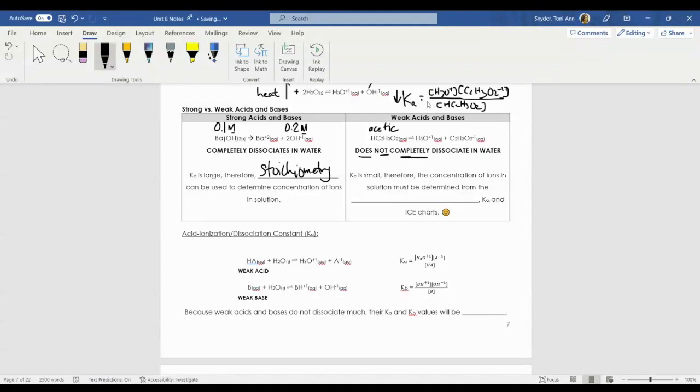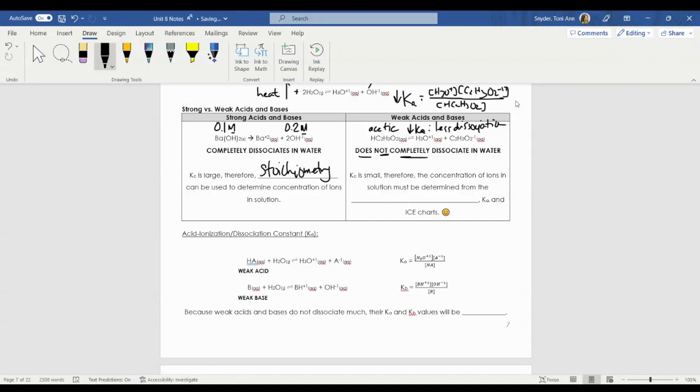And the value of that K value, just like we did with equilibrium, will tell us how much something will dissociate. So the smaller the Ka means the less dissociation. Because as you remember, the higher the Ka, the more products you would have. So if the Ka is much smaller, you would have less dissociation.